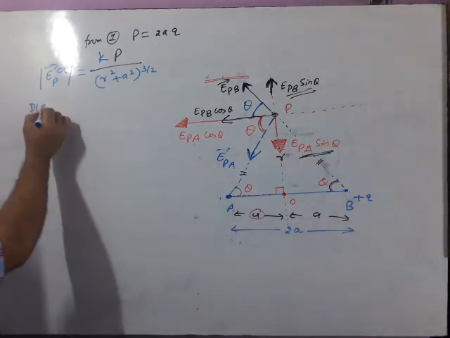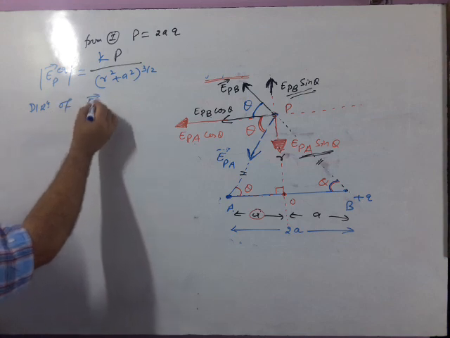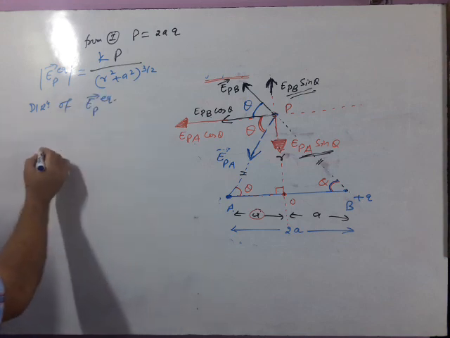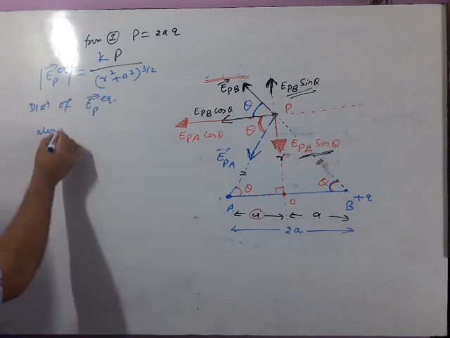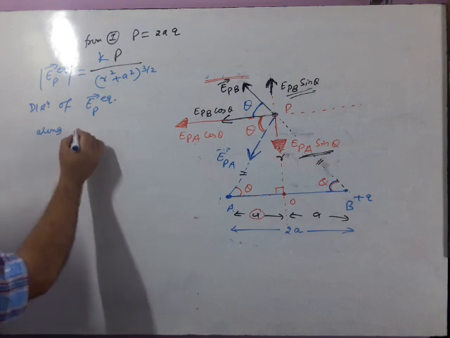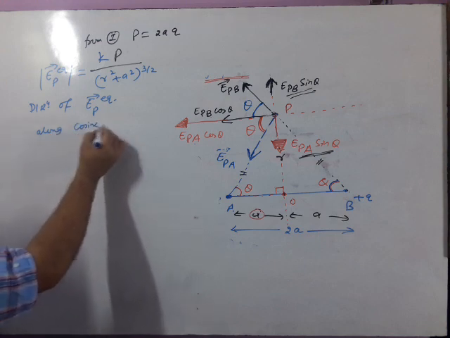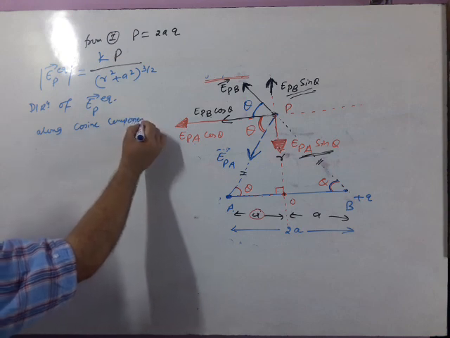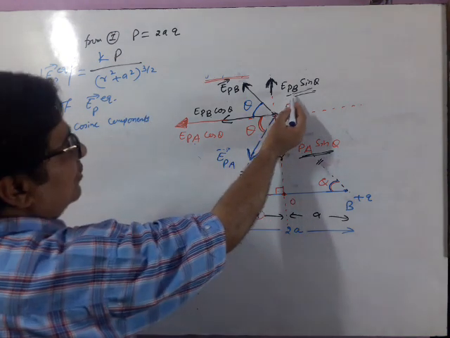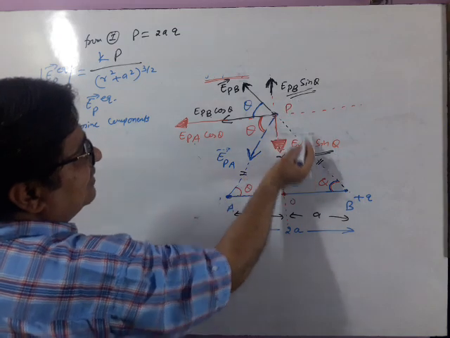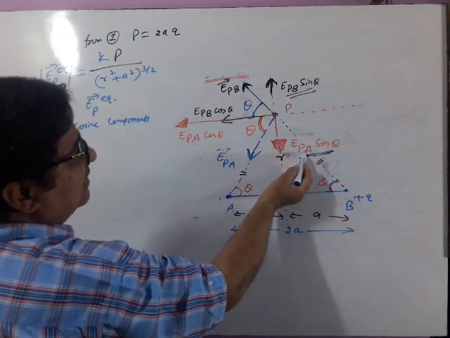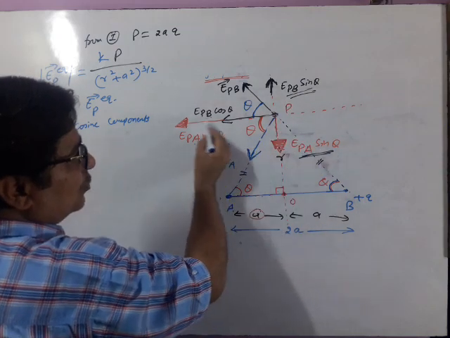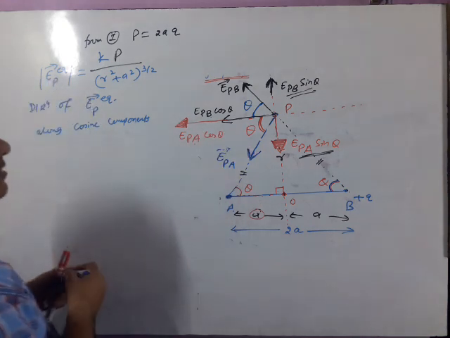Now direction, as per the derivation, you will say it is along the cosine components. Why? See, these two components EPB sin theta and EPA sin theta, being equal and opposite, are cancelled out. Now see, these two components are in the same direction.